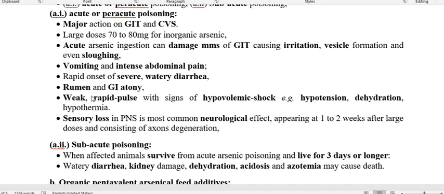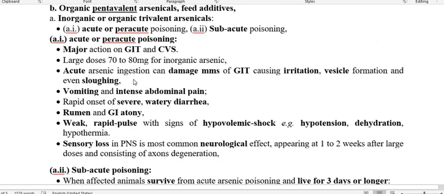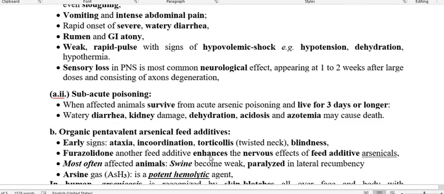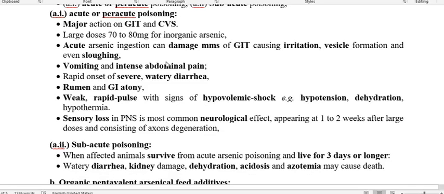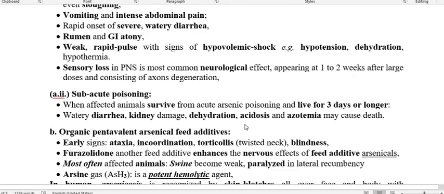This is also concerned with the organic one, particularly the organic pentavalent, which interferes with vitamin B1 and produces neurological toxicity. After these symptoms and signs appear in acute or peracute toxicity, if the animal survives, it gets into the next phase, which comes when the animal survives for 3 days or longer.